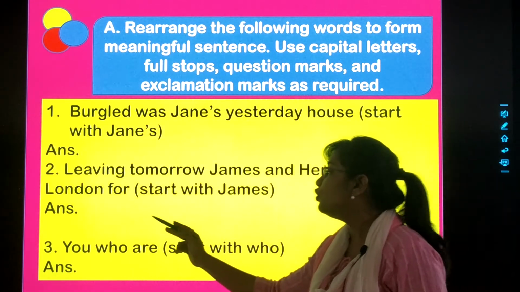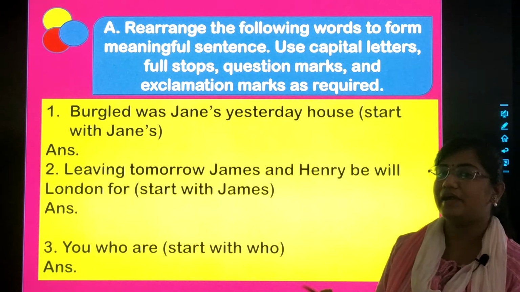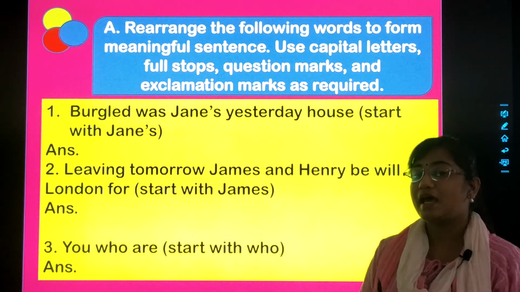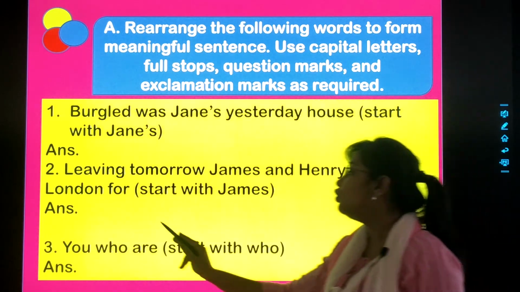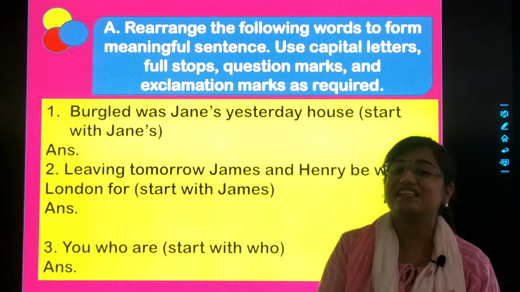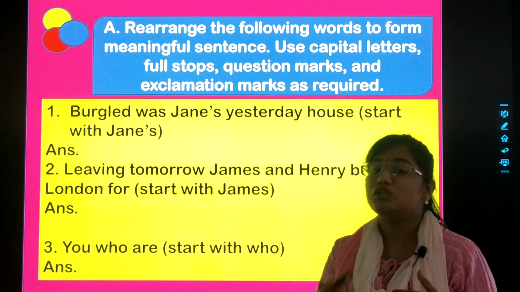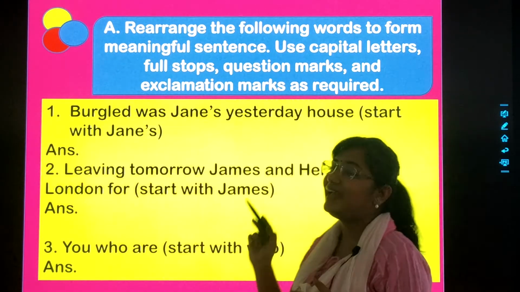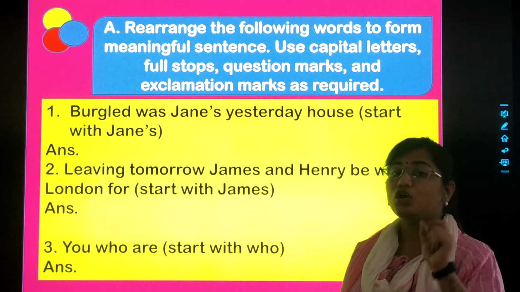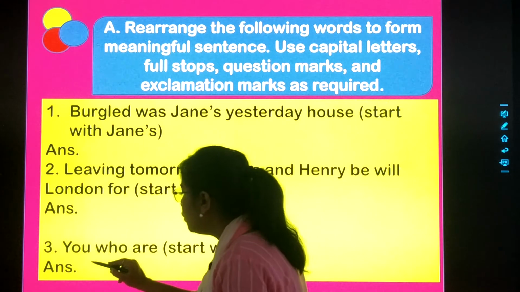Third, you who are, and we rearranged the sentence and it was formed as who are you? It is asking a question. So, we will end this particular sentence with a question mark.